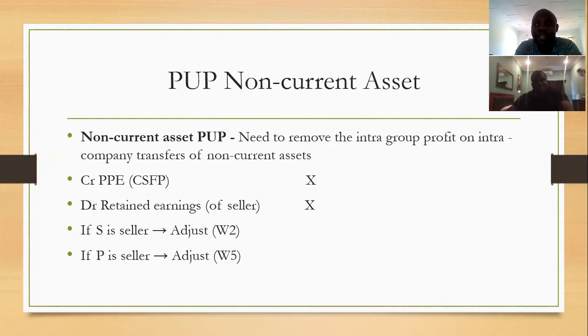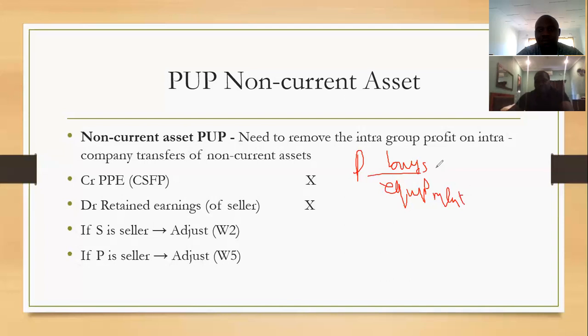assume that the parent company bought equipment from the subsidiary company at 100 kwacha. Let me just do a bit of scribbling. So the parent company buys equipment at 100 kwacha or 100 million kwacha.